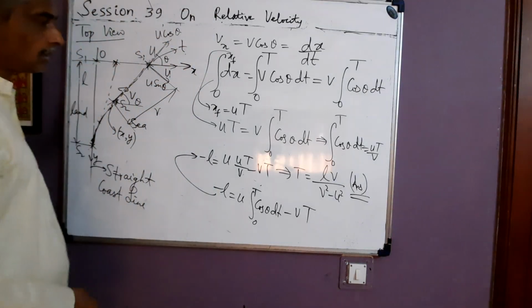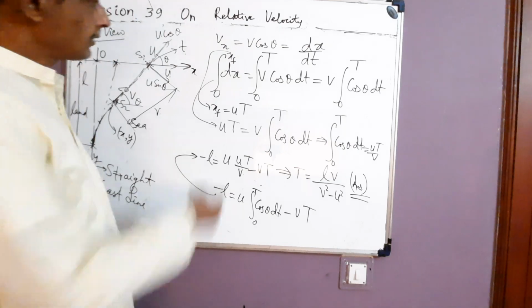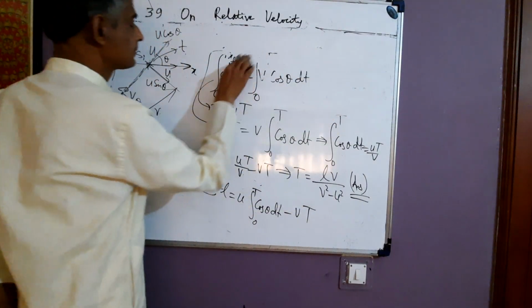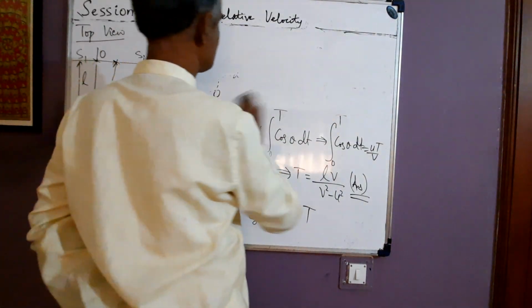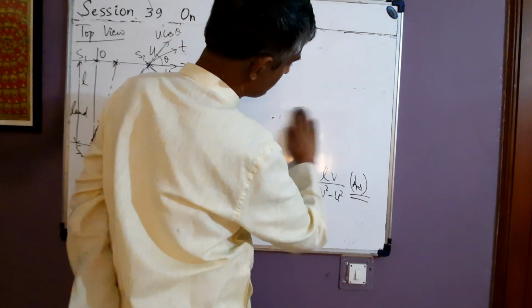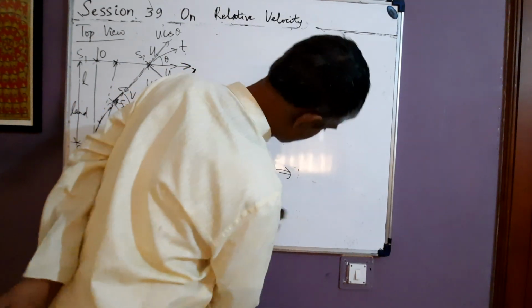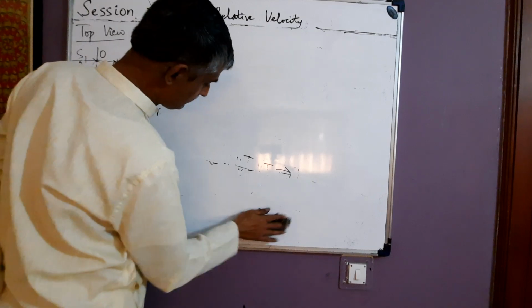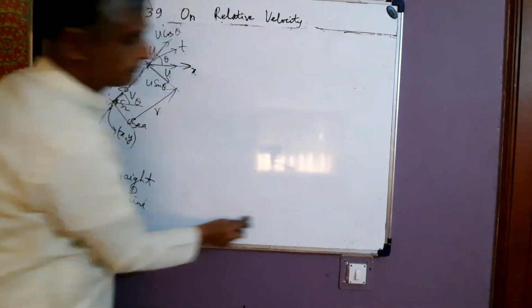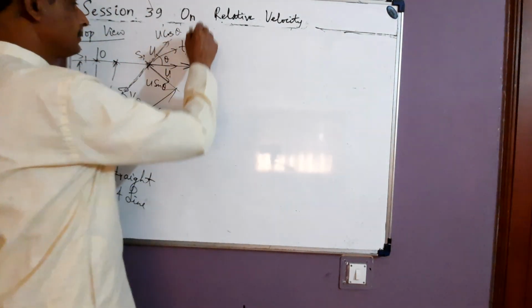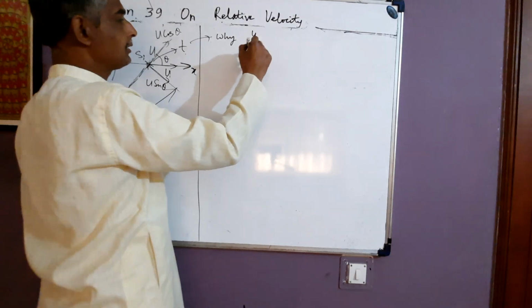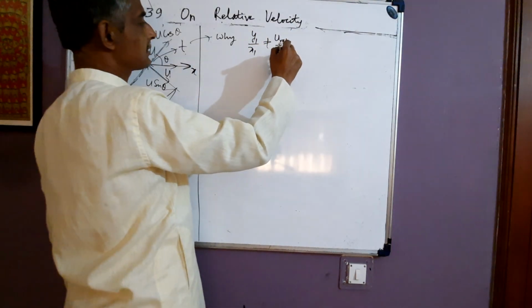That cannot be used here, even though the two ships are effectively colliding at t equal to capital T. Why in this problem can this not be used? y1 by x1 is not equal to u relative y by u relative x.